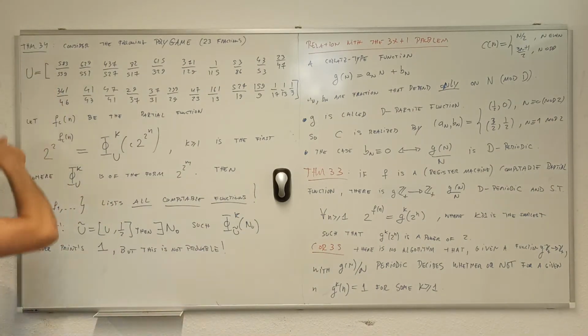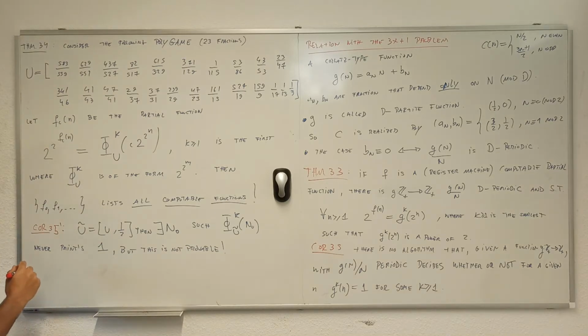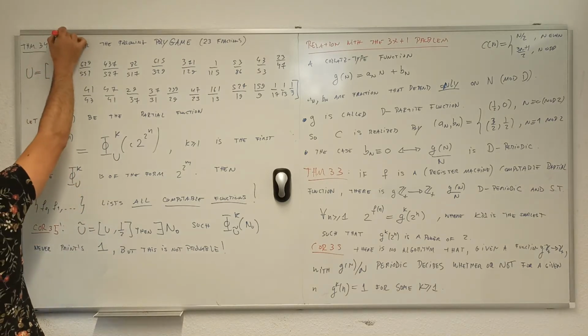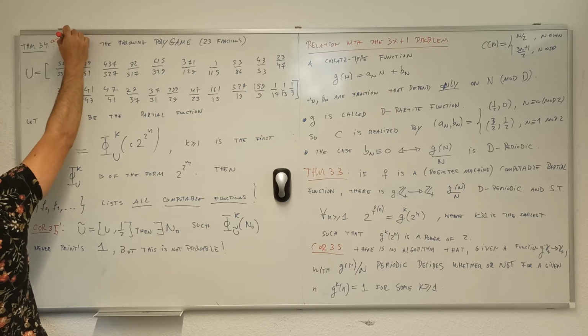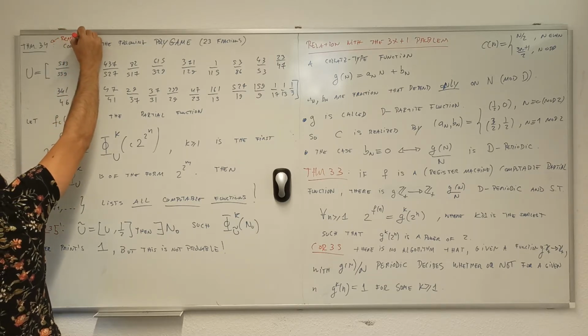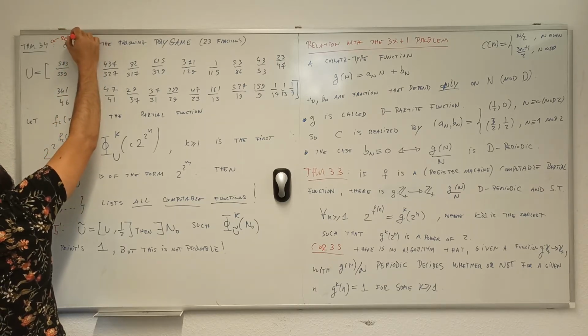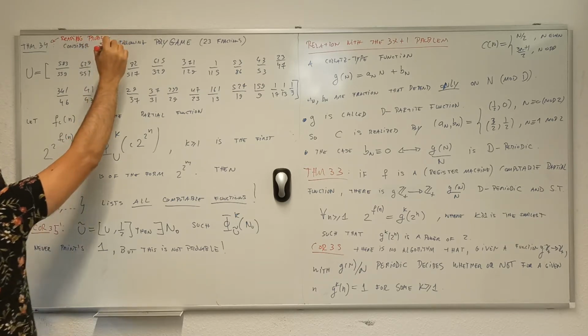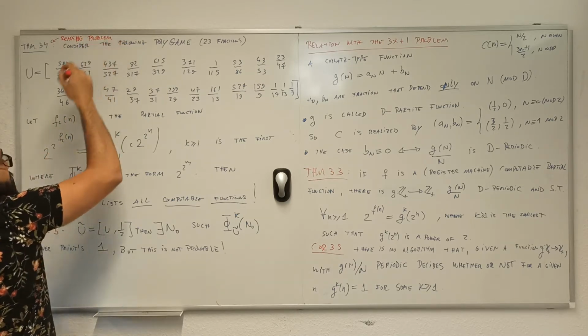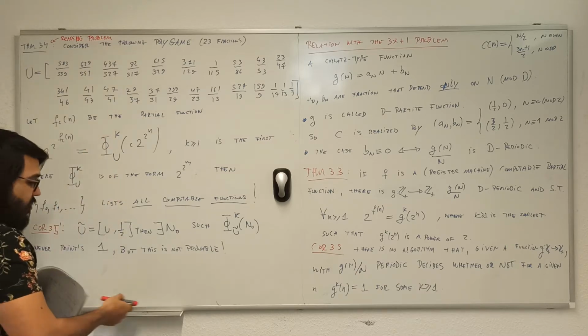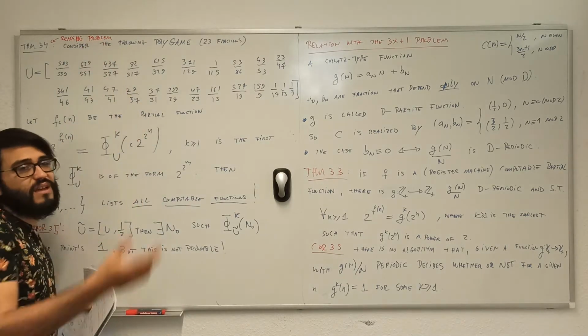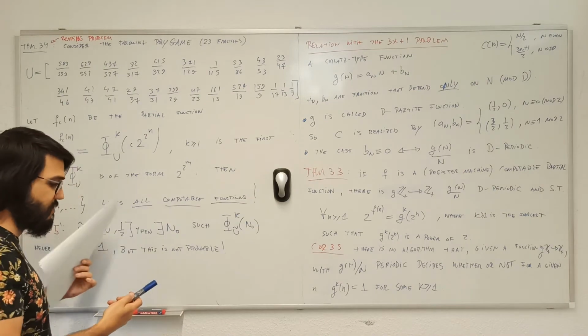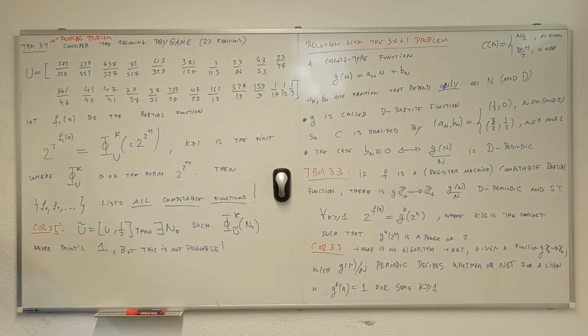So theorem 34 will actually be a reading problem. Okay, but after I prove a bunch of things, you will see that it's not that hard. It's actually reading in like 3 or 4 pages, so you can get the idea.